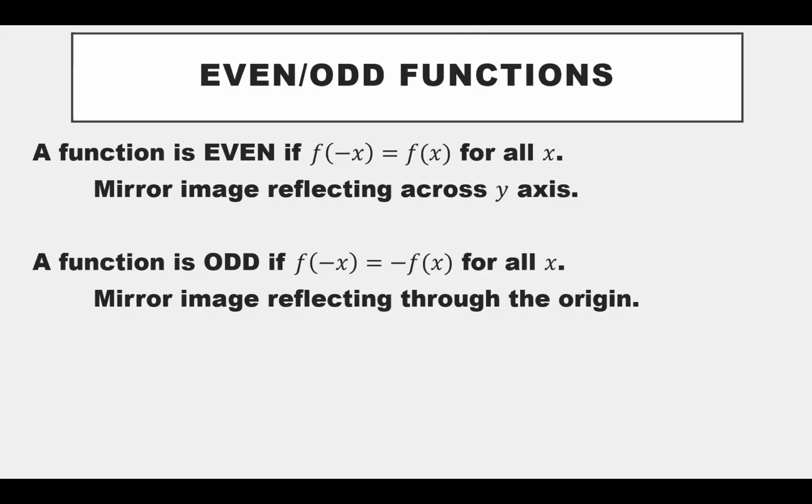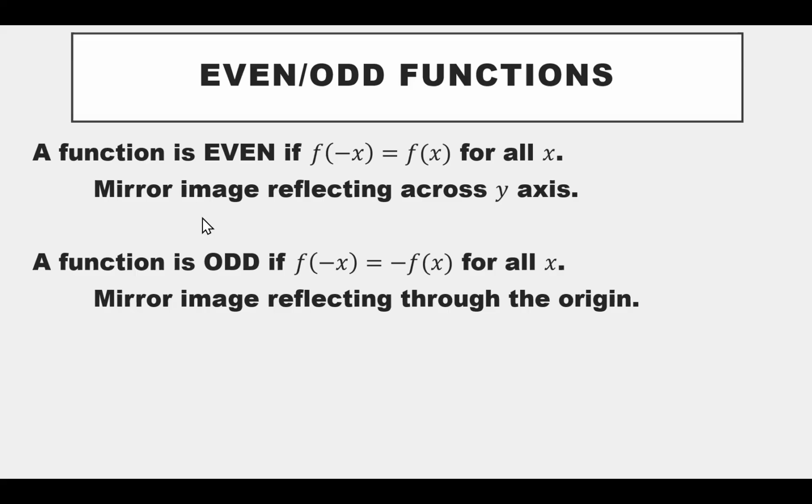A function is even if when you plug in negative x into the function, you get the same thing as if you plug in a positive x inside the function for all values of x. Now, what this means is that if I plugged in a 2 and a negative 2, they'd give me the same value. If I plugged in an 8 and a negative 8, they'd give me the same value.